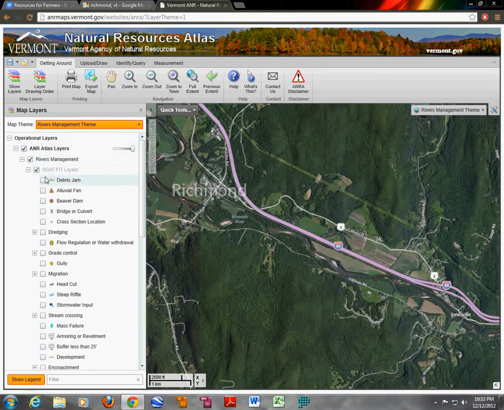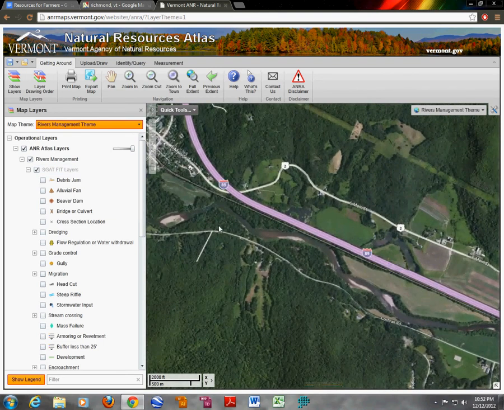So these SGAT FIT layers are going to be the most helpful in determining how risky your property is. There's a whole bunch of them, things like debris jams and beaver dams and alluvial fans.